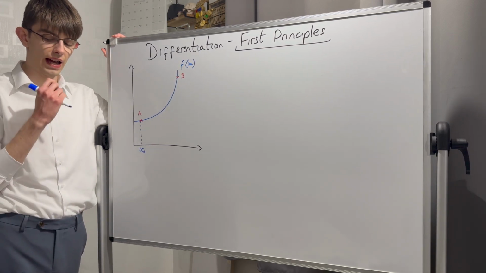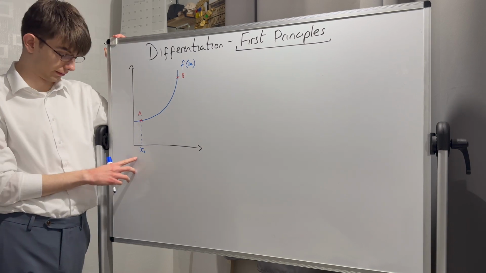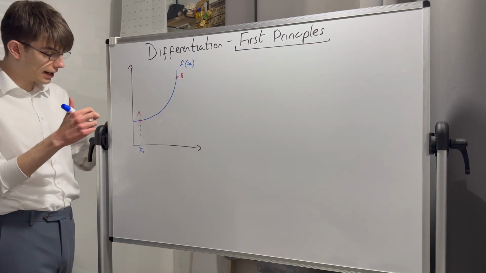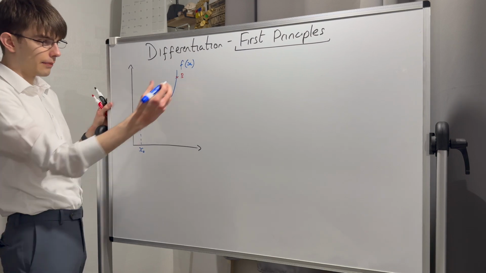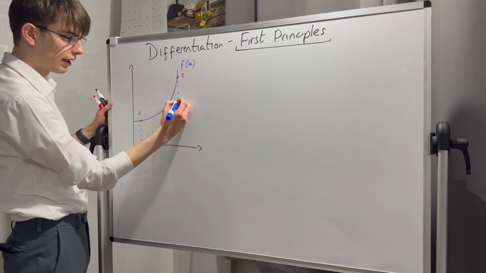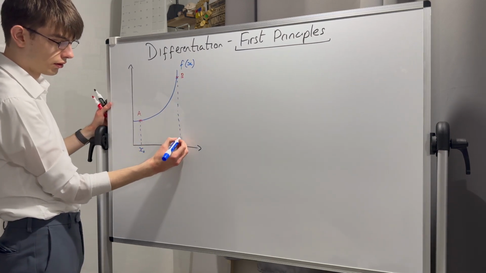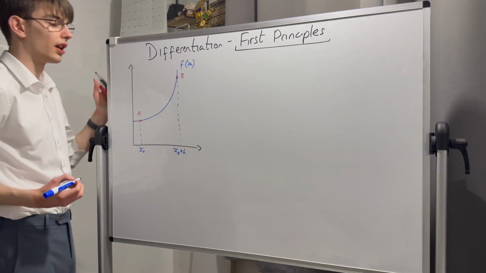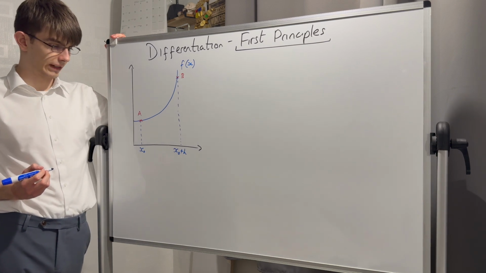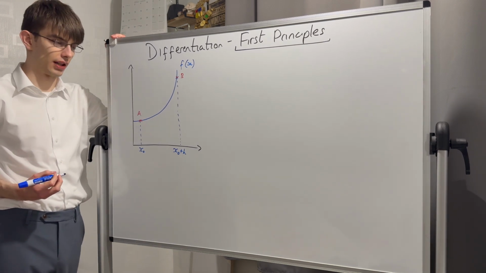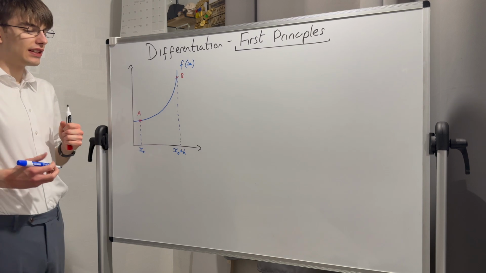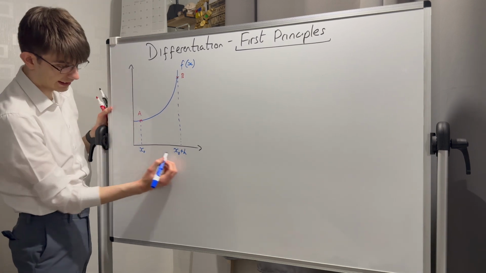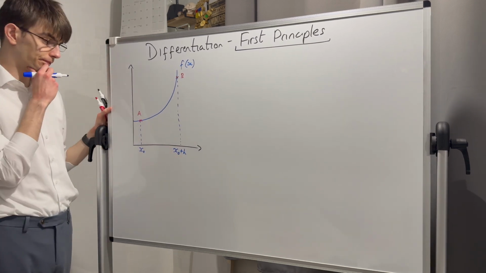So the initial x coordinate is going to be x naught. And I'm going to say that B has an x coordinate of x naught plus h. This is just general, so I've got a distance between these 2 points of h.